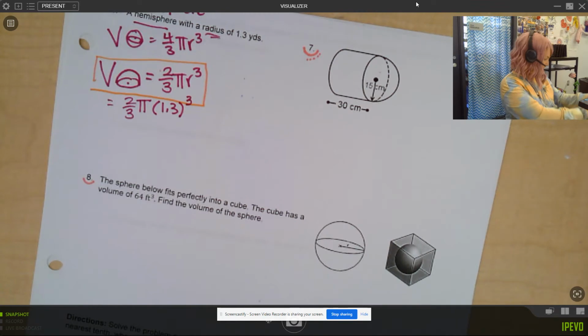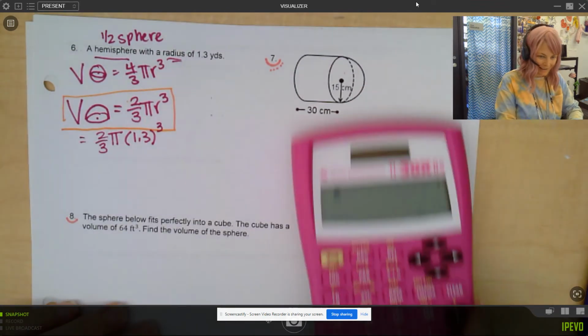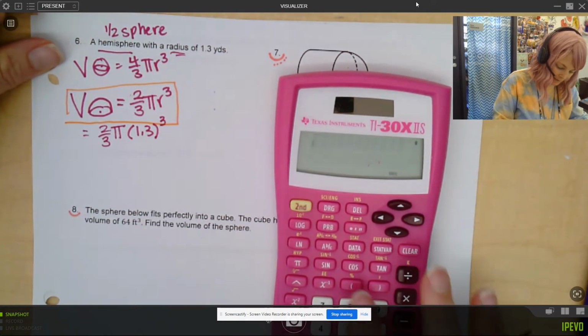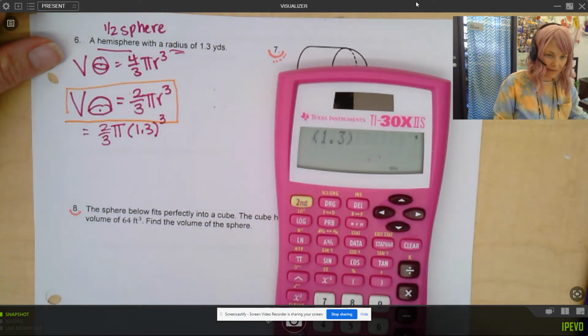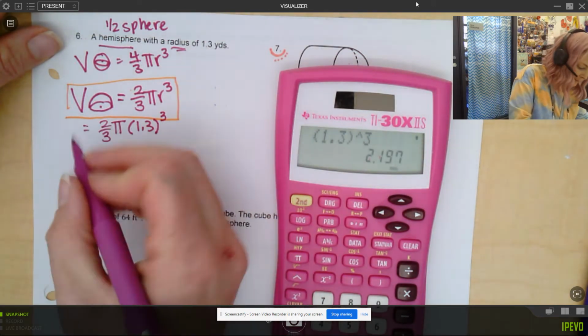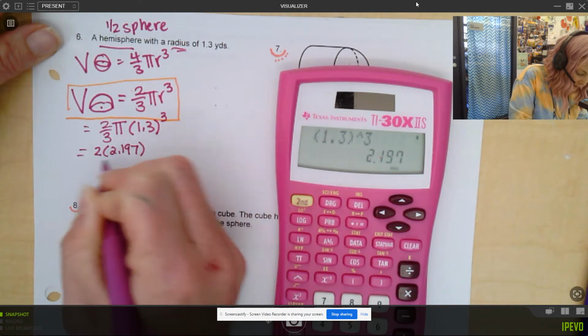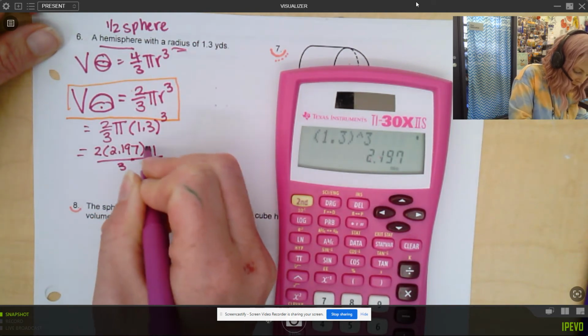So I'm going to definitely need my calculator. Sometimes I do like to put parentheses around when I'm dealing with the decimal. Make sure you're cubing, not squaring. So 2 times 2.197 divided by 3, pi is in the numerator.